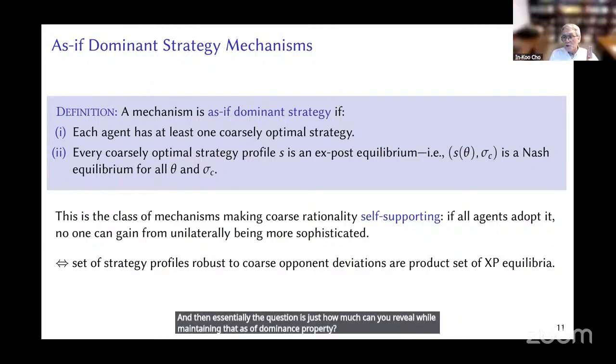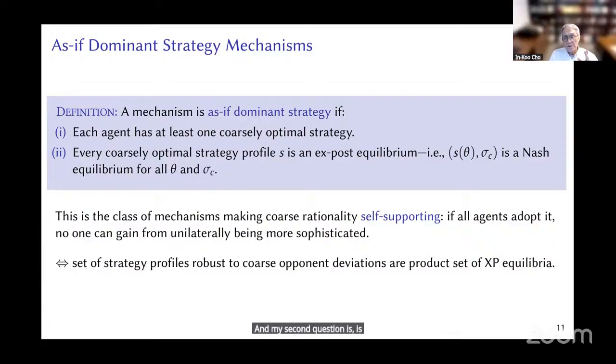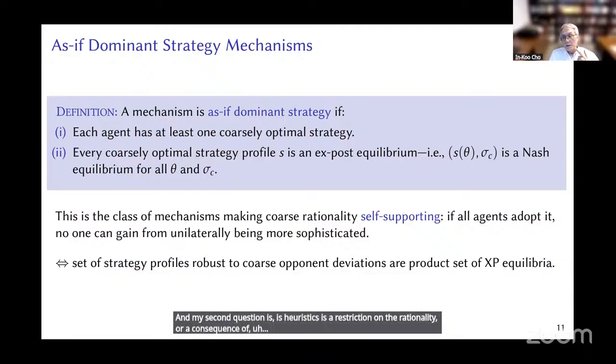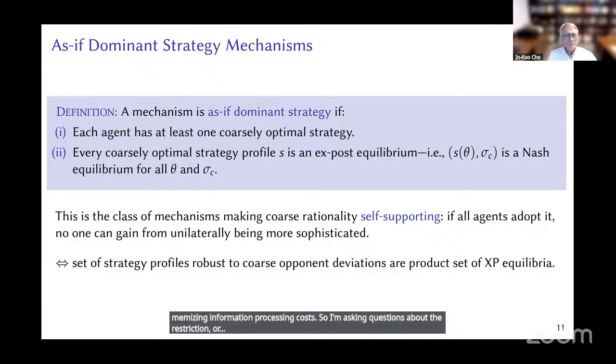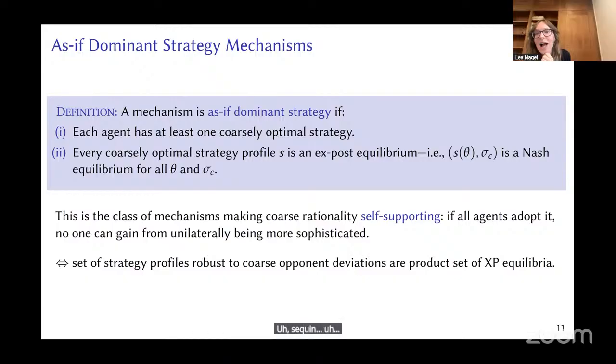And my second question is, is the heuristic a restriction on rationality, or a consequence of minimizing information processing cost? I'm asking about the restriction or consequence. Yeah, I think that's a very good point.